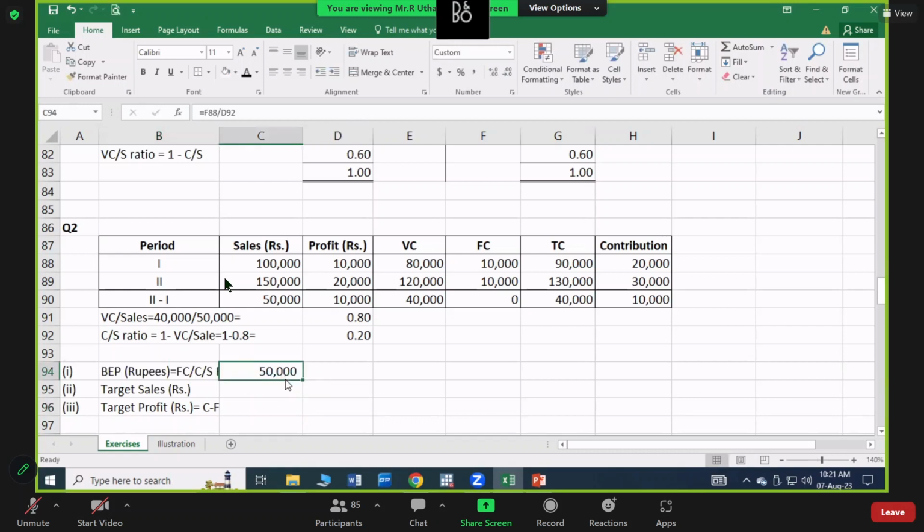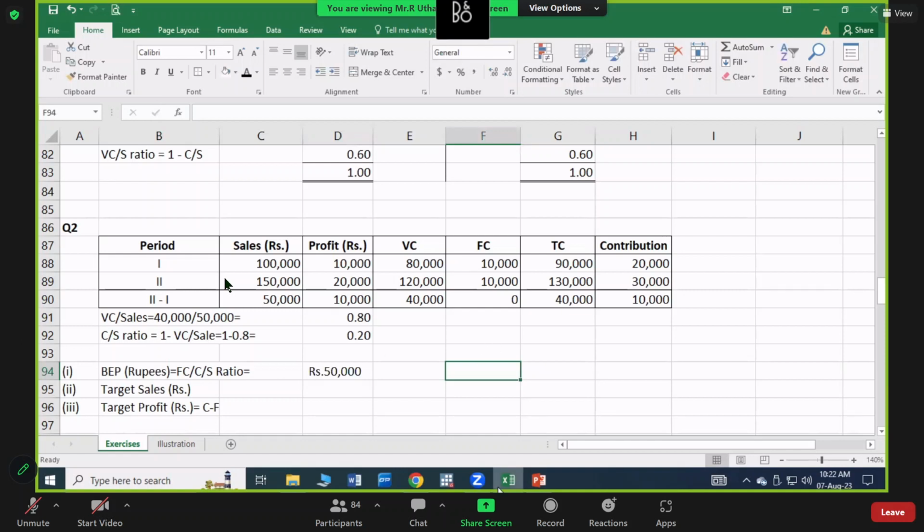So that is 50,000 rupees. Don't forget that you want to write 50,000 in rupees. If you leave out anything, it will have a different meaning.